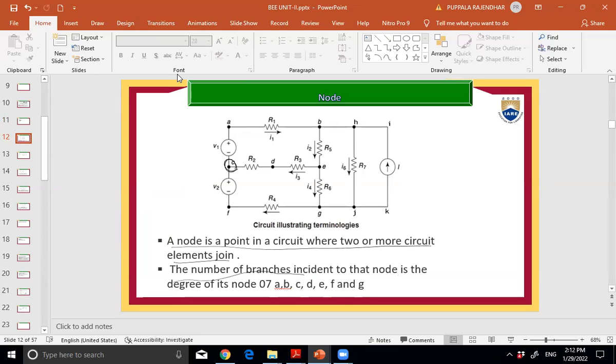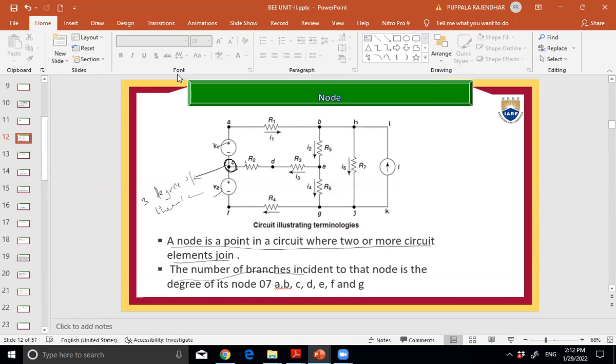How many elements are connected here for node C? 3. Very good. 1, 2, and 3. We call this 3 the degree of the node.